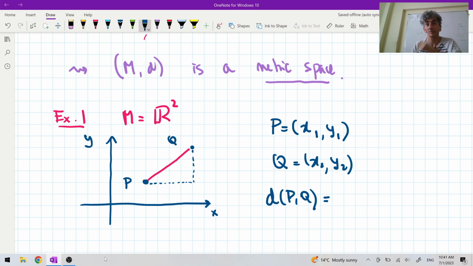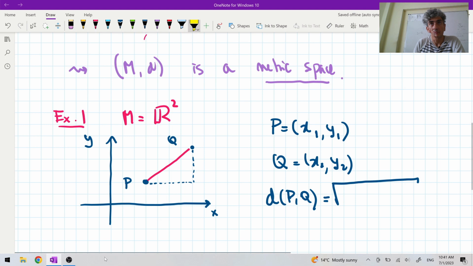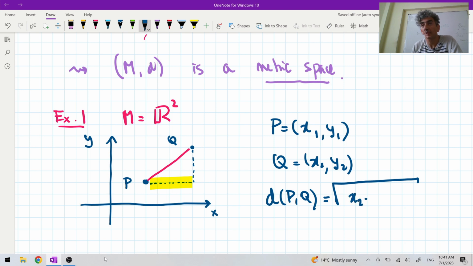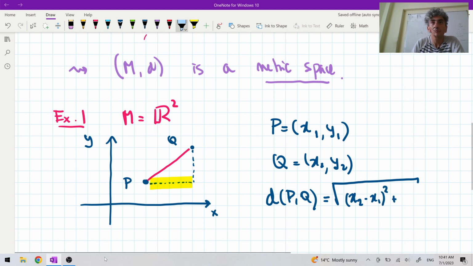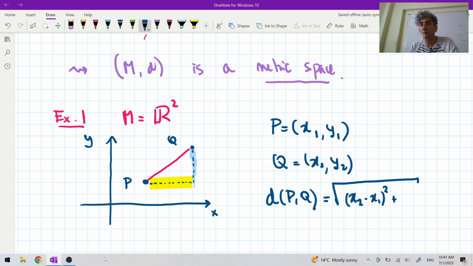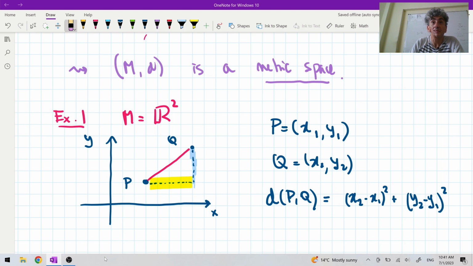So that's the square root of this leg, which can be computed as x2 minus x1 squared, plus this other leg squared, which is y2 minus y1 squared.